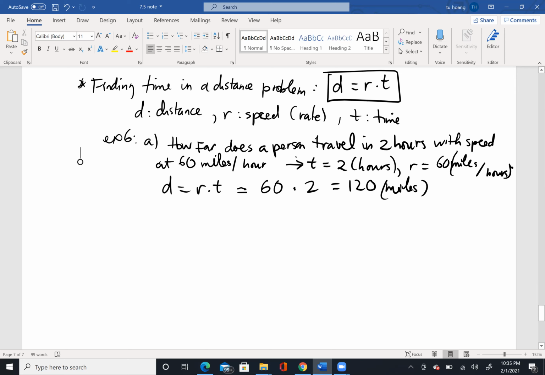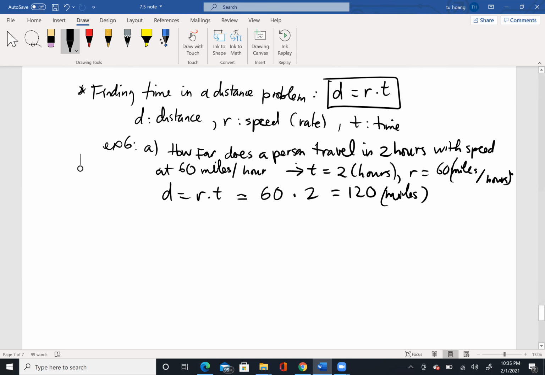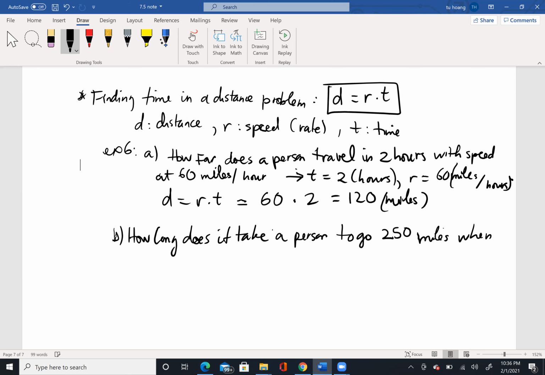B: How long does it take a person to go 250 miles when traveling at 40 miles per hour?